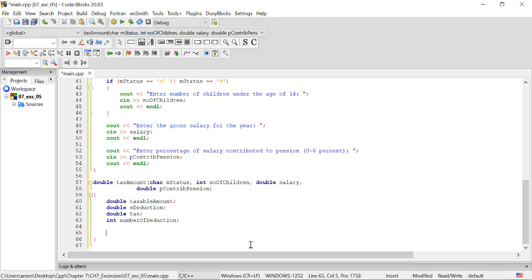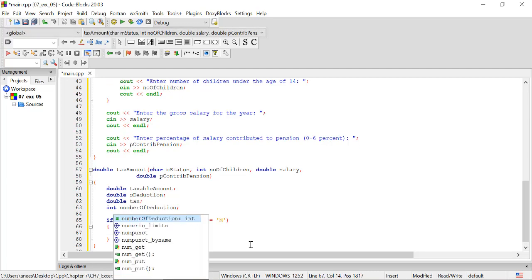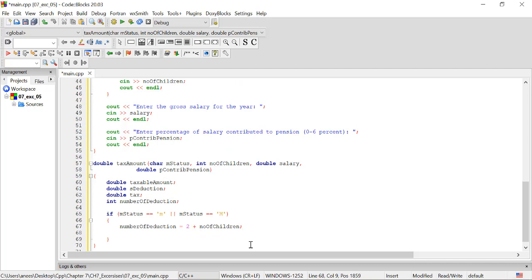After writing that, we can write in if mStatus is equal to m, or mStatus is equal to capital M, we write in numberOfDeduction is equal to 2 plus numberOfChildren, semicolon.